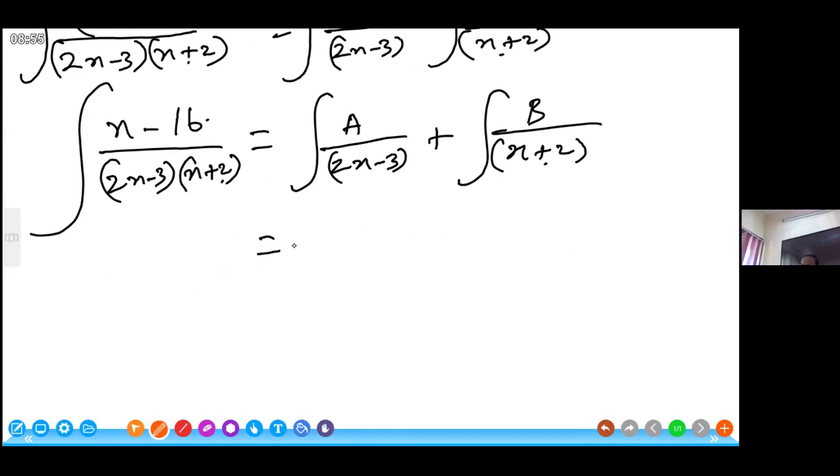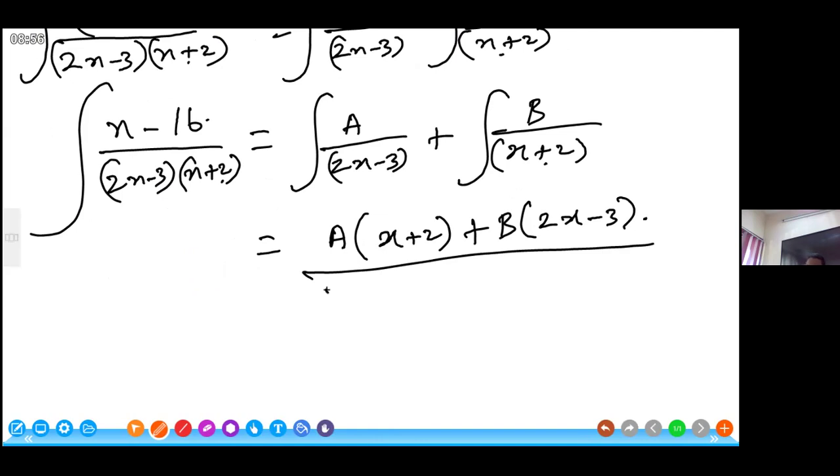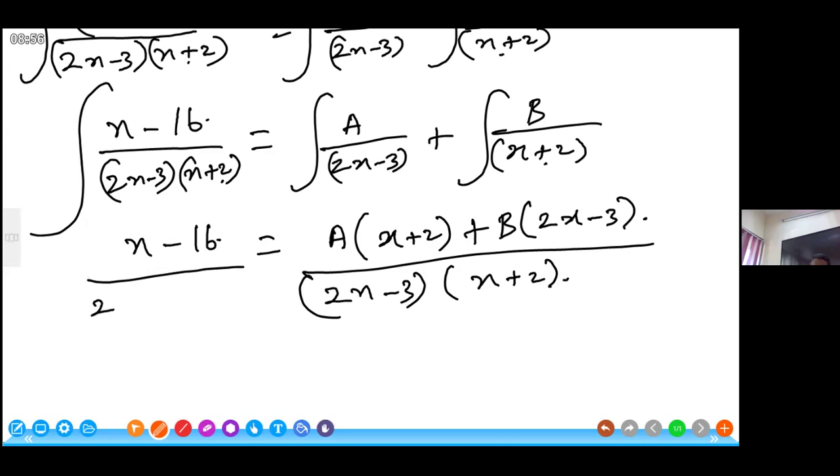We could write it as a into (x plus 2) plus b into (2x minus 3), divided by (2x minus 3) into (x plus 2), which is equal to (x minus 16) divided by (2x minus 3) into (x plus 2).